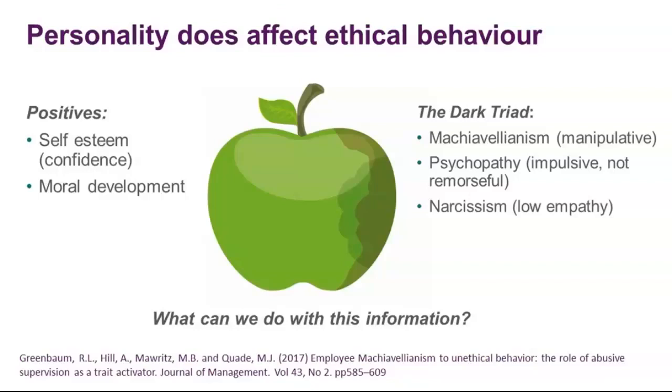Now, what we need to emphasize is that these traits are personality traits that can be measured. They don't make people guilty of unethical behavior. They make people more at risk of unethical behavior, especially when we're talking about situations that benefit them.